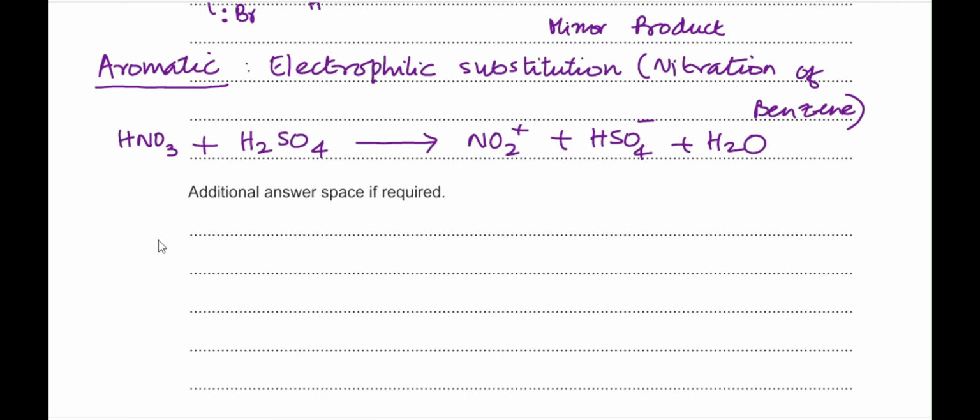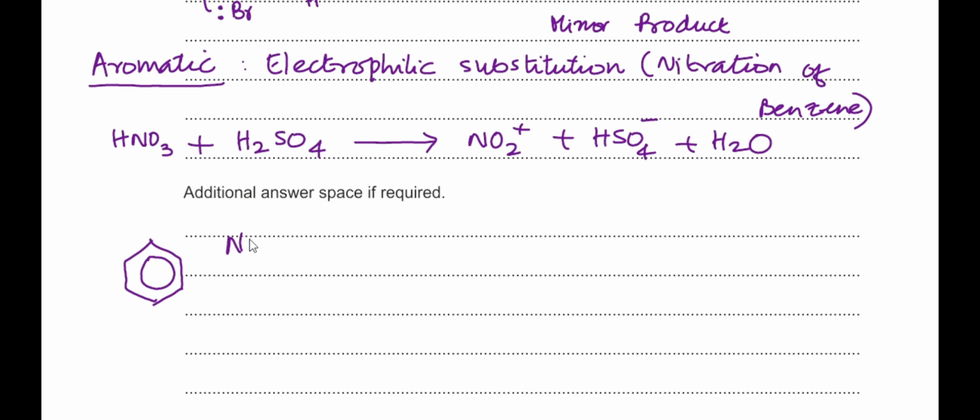Let us now draw the benzene ring and the NO2. The positively charged NO2 is nearby. The high electron dense pi ring of benzene attracts the electrophile. This creates a bond for NO2, but the pi ring is now broken, so we need to show it with a positive charge.